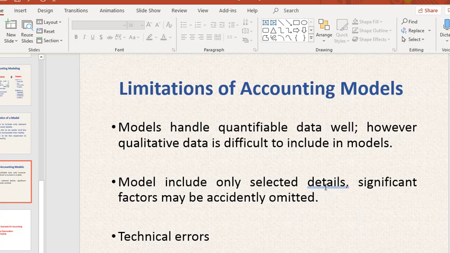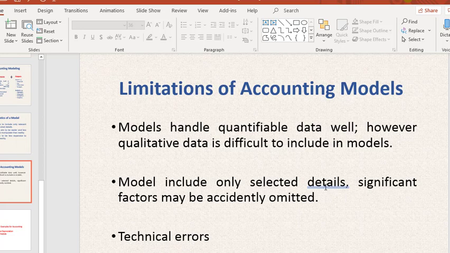Accordingly our accounting model is not reliable because one variable is missing, not considered, not accommodated. So the reliability and the relevance of the accounting information generated from the model is questionable if you have this kind of limitation, right?